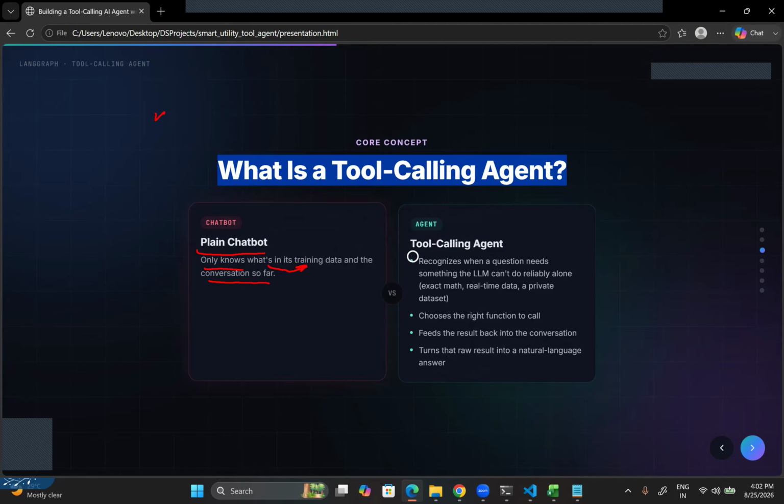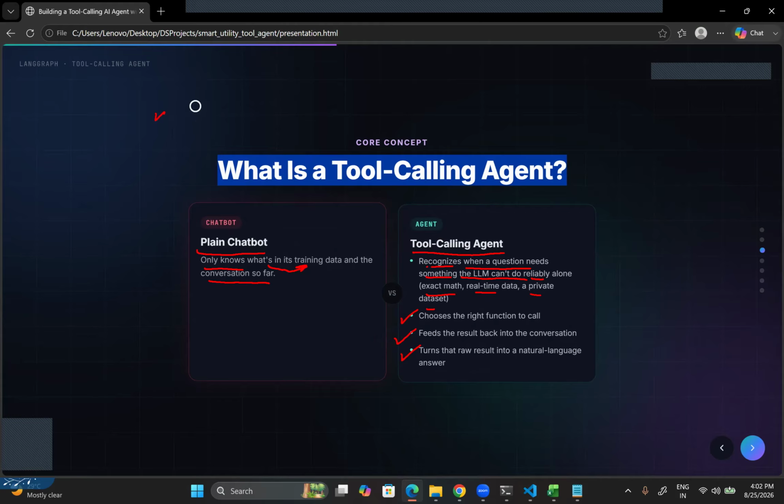But on the other hand, the tool calling agent recognizes when a question needs something the LLM can't do reliably, such as exact math, real-time data, or a private dataset. Moreover, a tool calling agent chooses the right function to call, feeds the result back into the conversation, and turns the raw results into a natural language answer.